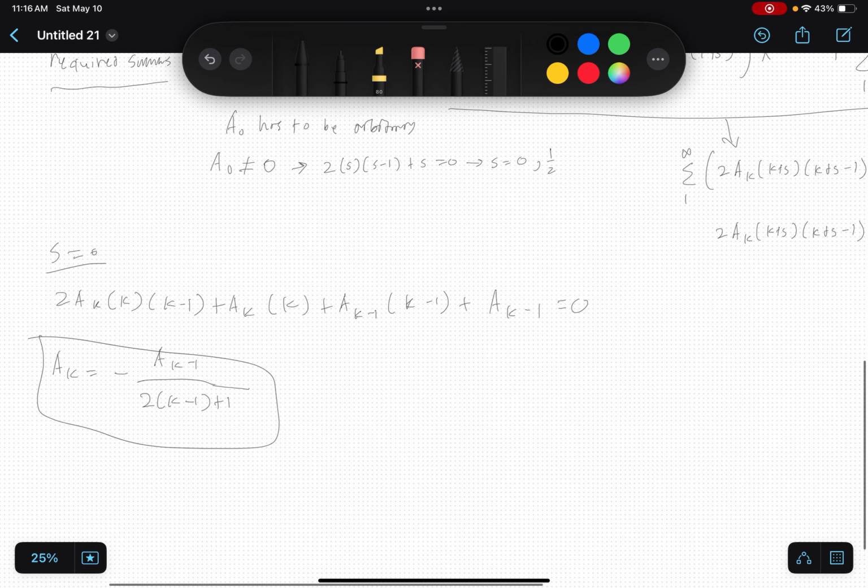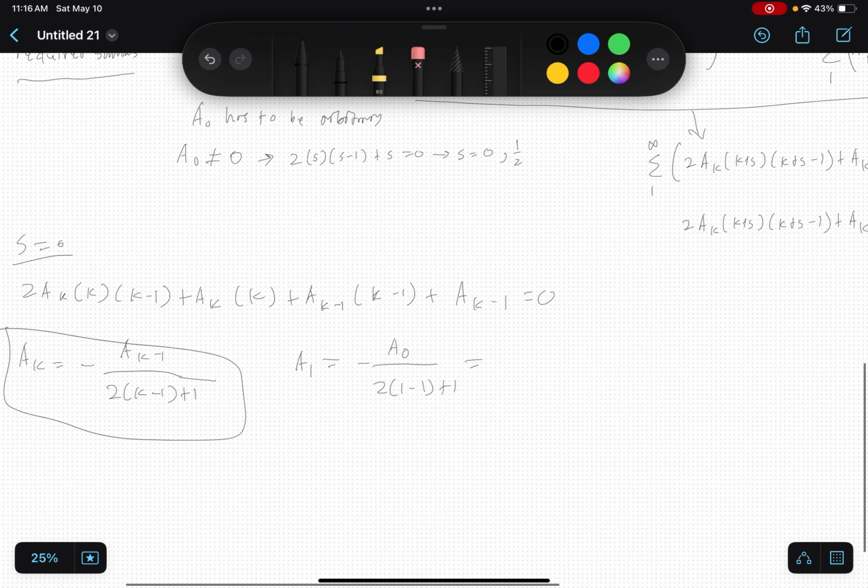So for this case, a0 is arbitrary. a1 equals negative a0 over 2 times 1 minus 1 plus 1, which equals, it'll be 0, so it'll be negative a0.